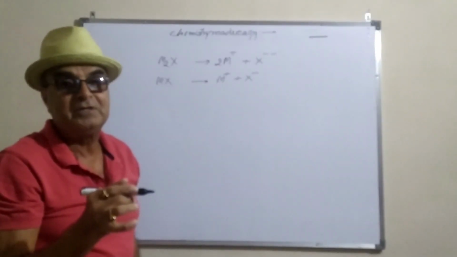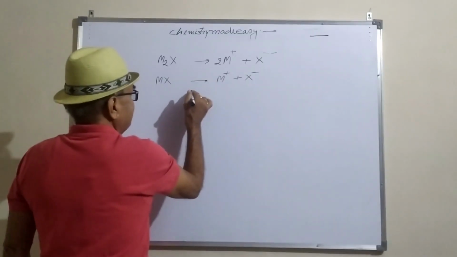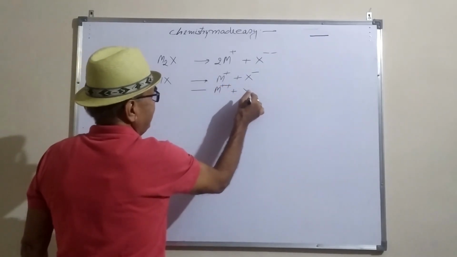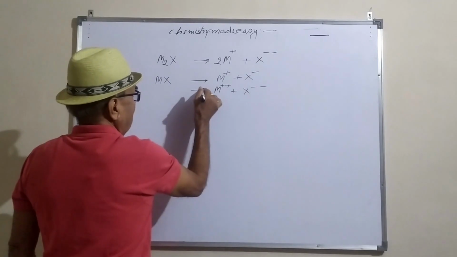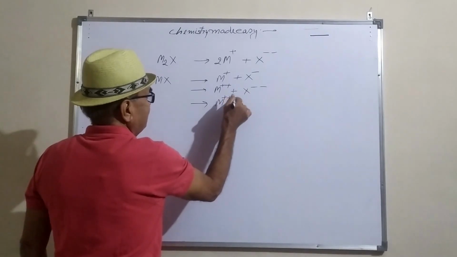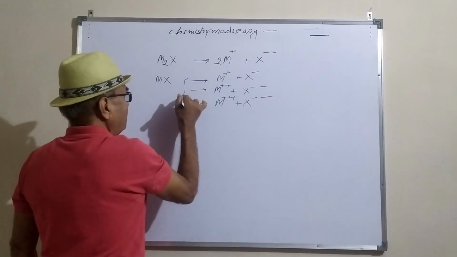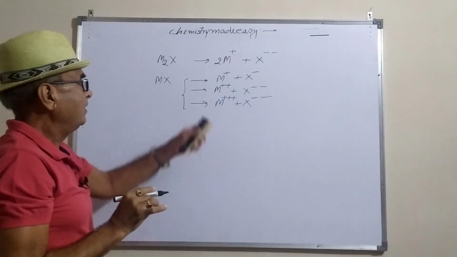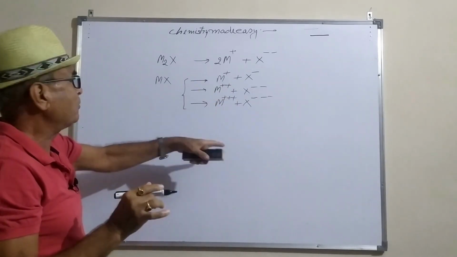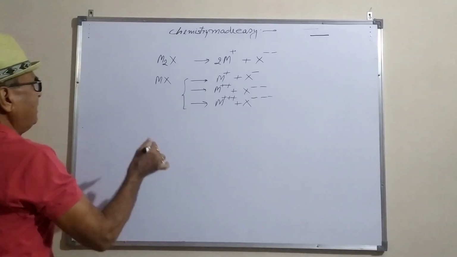I am saying maybe, because for the same MX, it could be M double positive plus X double negative, or M triple positive plus X triple negative. All three sets of ions are possible for MX, because we don't know. I am giving the example.